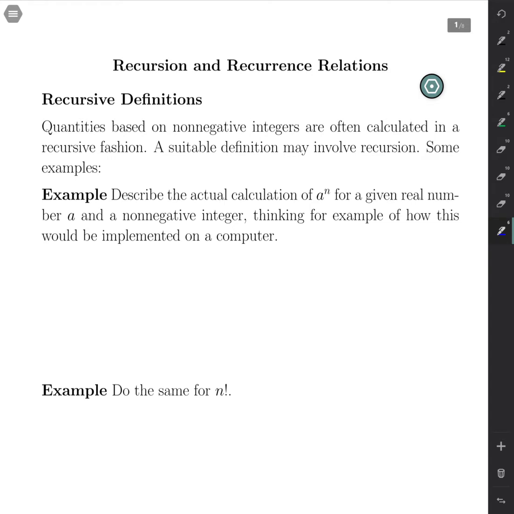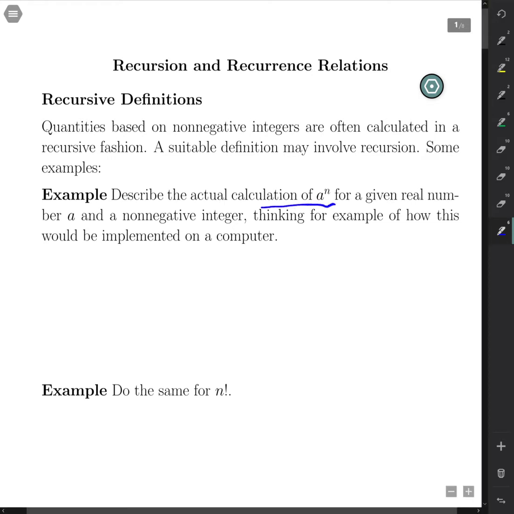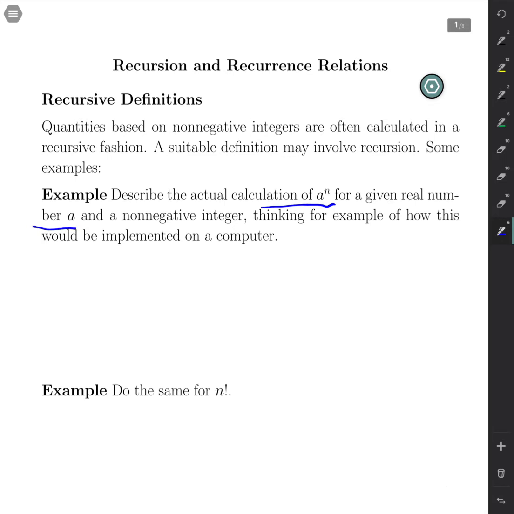But we're going to do this by looking at a calculation of a to the n, where we're given a number a and a non-negative integer, say n. We're going to think about how we actually do this. And as we talked about in class, the idea is that if you're going to really multiply n factors of a, you're going to do this by, first of all, multiplying 2, and then multiplying that by a third, and so forth.